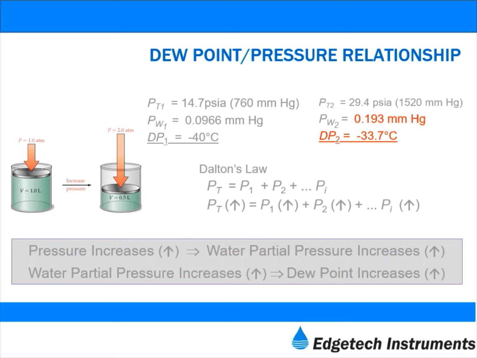The only time you don't really care about that is if you're always operating at the same pressure and your dew point goes up or goes down, or better stated, the dew point goes drier or wetter. As long as you're at that constant pressure, you're getting a clear view of what your moisture content is doing, getting wetter or drier. But if you have a change in pressure, then it is very important that this is understood, because dew point is a function of pressure.